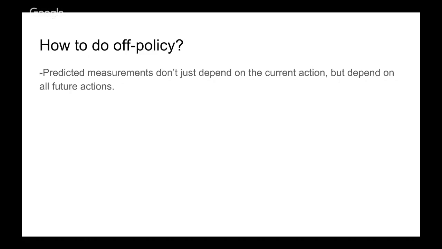I guess you could do something like importance sampling. I can't really do math live, but I guess you should be able to do importance sampling. There's a mean squared error, and then you would just multiply the importance sampling there.